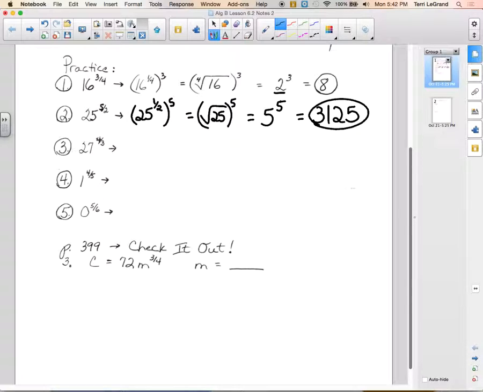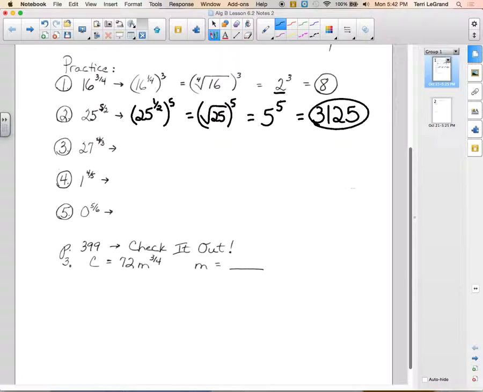On number 2, 25 to the 5/2 power, our 5/2 is greater than 1. So when we have a fraction less than 1, between 0 and 1, we should end up with a number smaller than our base. When we have a fraction greater than 1, that exponent is greater than 1, we better end up with an answer that's greater than our base.